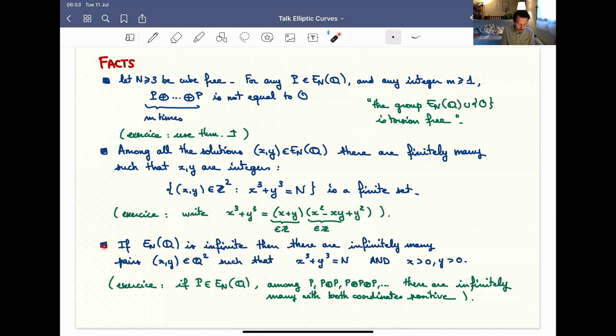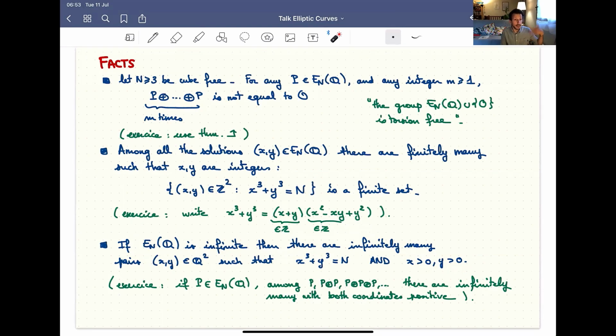And something which really ties up with what we've discussed today is the following fact. If there are infinitely many solutions in E(Q), then there are infinitely many pairs x, y with x cubed plus y cubed equals n and x and y positive.